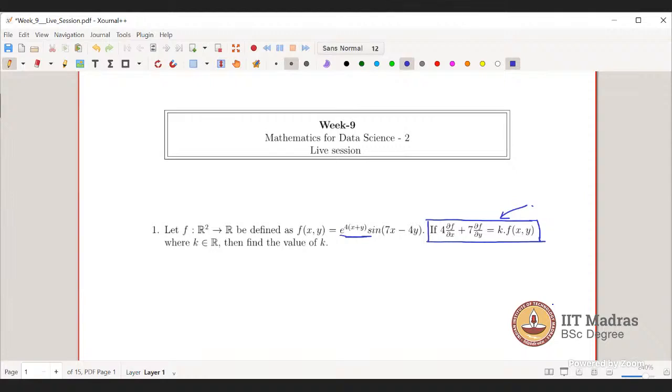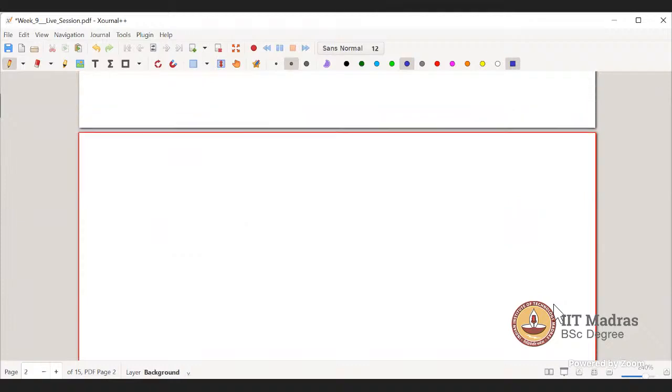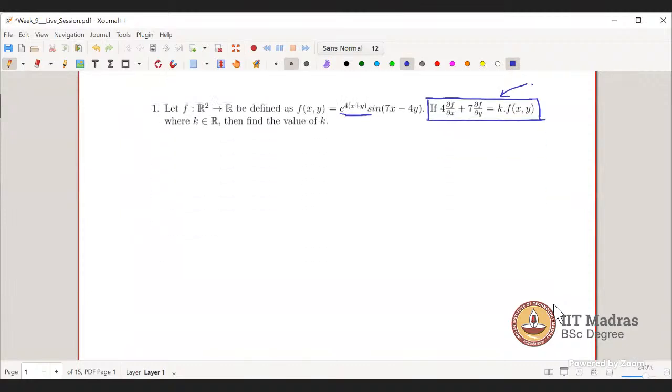Let me recall the definition of partial derivative. How do you define it? It's more or less a single variable derivative.